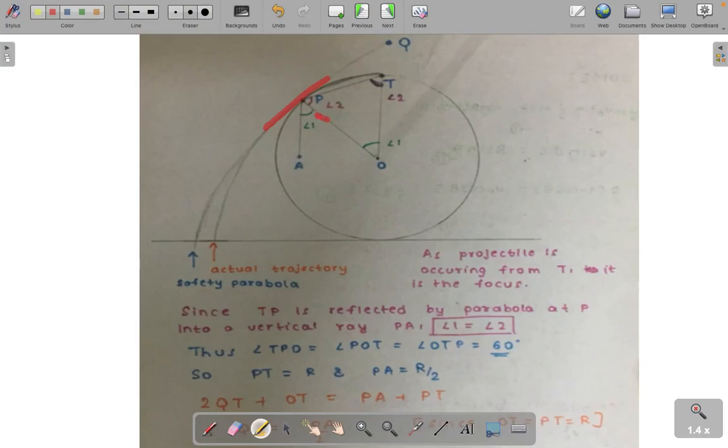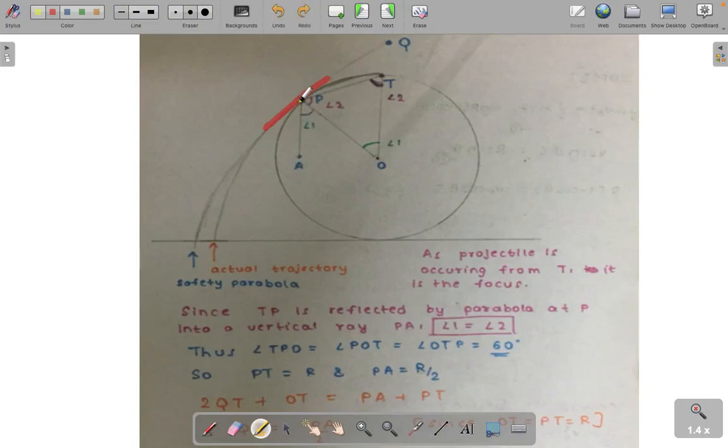And since this OP is normal to the tangent, and TP is reflected by the parabola at point P into a vertical ray PA, angle 1 should be equal to angle 2, by the first law of reflection. And since this is the normal, angle 1 should be equal to angle 2.